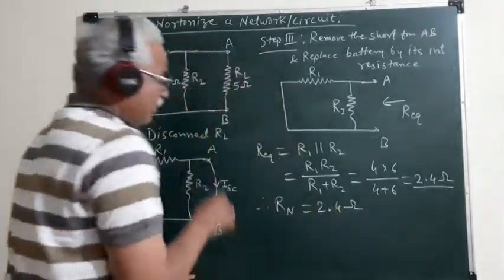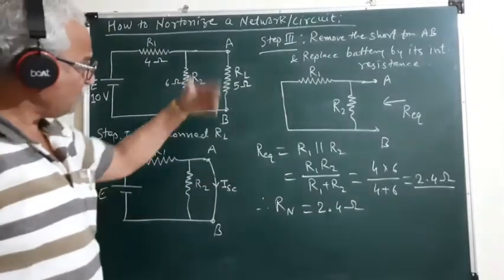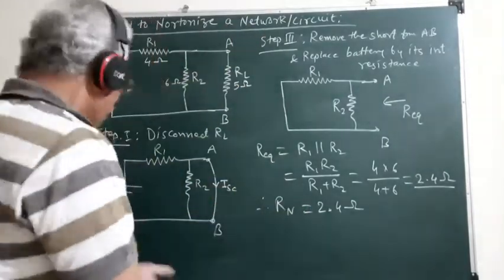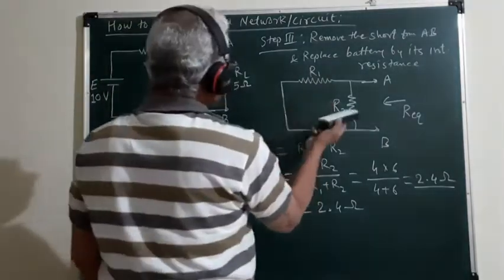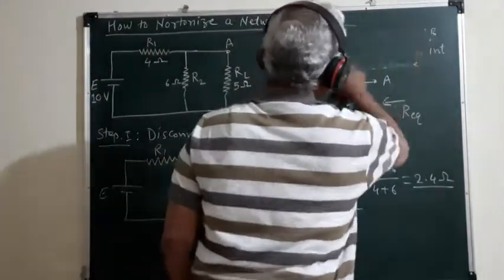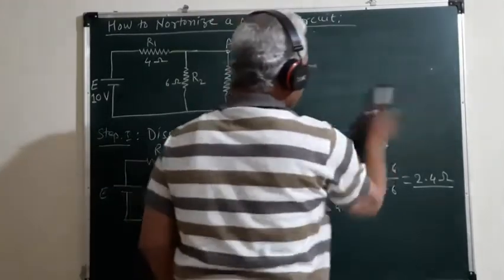So we have found the values of IN and RN. Now we can draw the Norton equivalent circuit for the given complicated network.